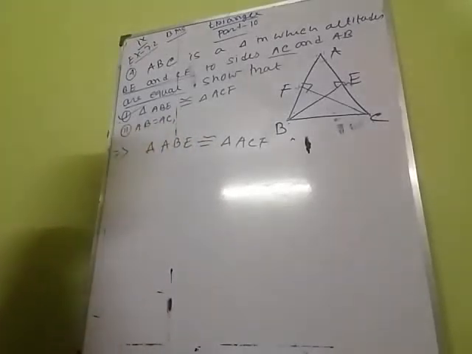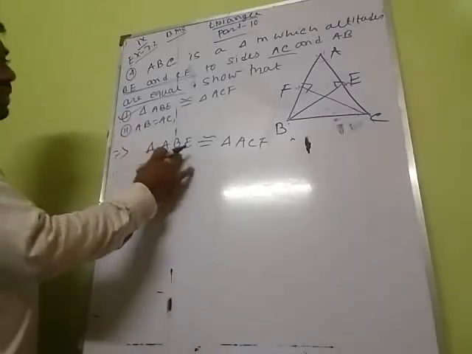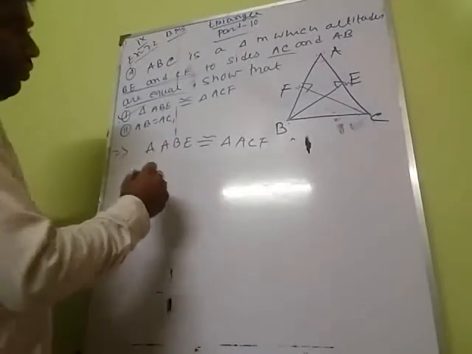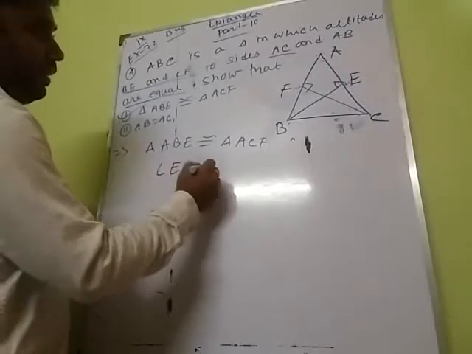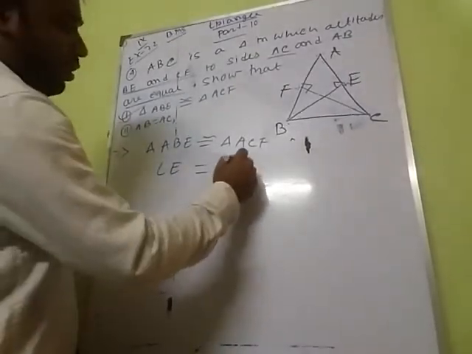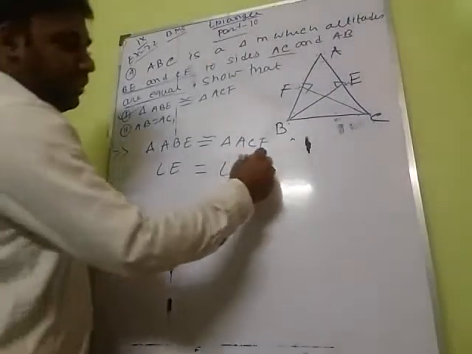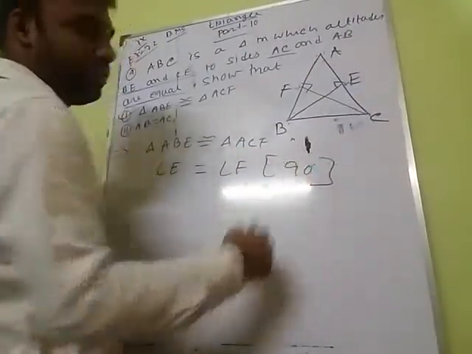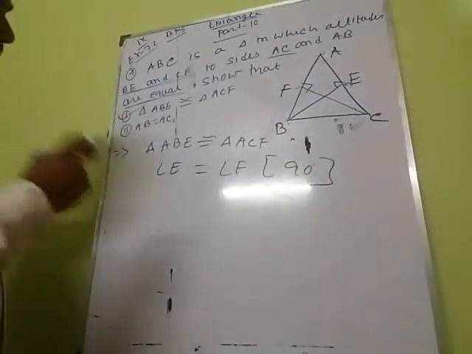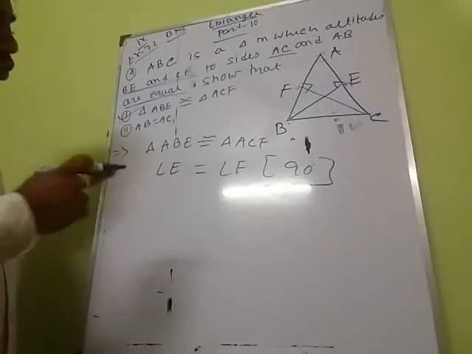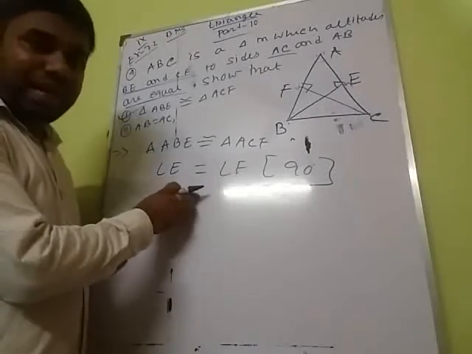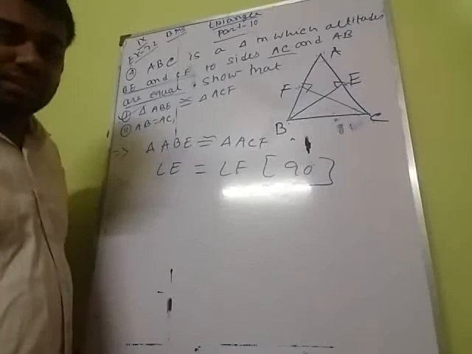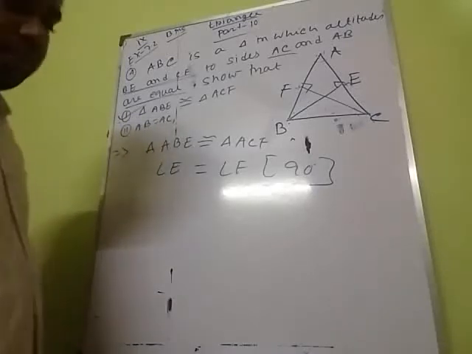In both triangles, angle E equals angle F because they are 90 degrees. Now, as these angles are equal, the corresponding sides opposite these angles must be equal. That is the theory of CPCT.